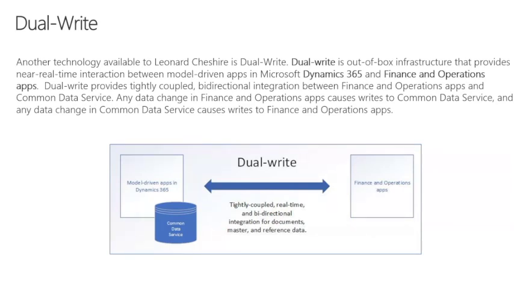It's already available for people that want to bring data from finance and operations into Dynamics, into CDS. This is a more sophisticated technology, where it's not just a one-way sync of data into CDS, but if you write something from within your model-driven app or from your Canvas app, it actually makes it back into the finance and operations database as well.